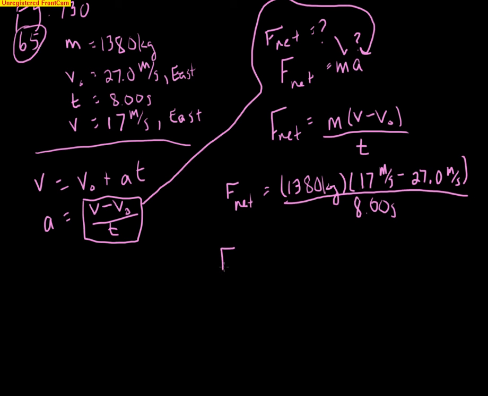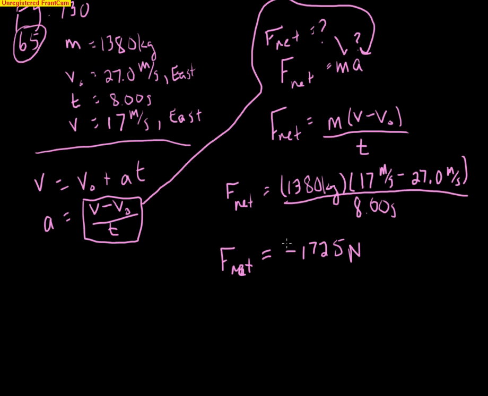So if you calculate that all out, you can pause if you want to do that first on your own, but F net should equal negative 1,725 newtons. So the question asked, find the magnitude and direction of the net force. So since the direction was given as east in the problem, we should put our direction in terms of north, south, east, or west.